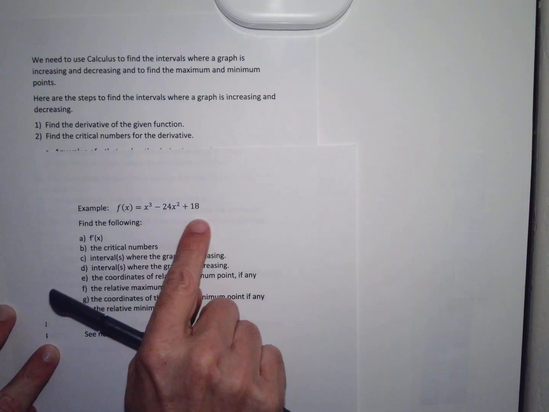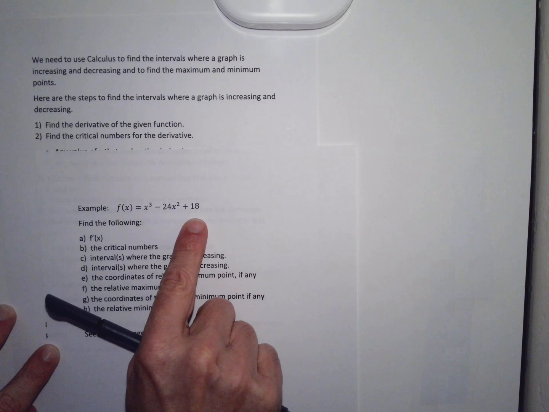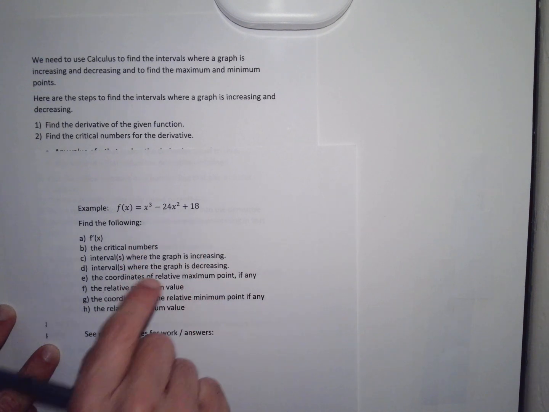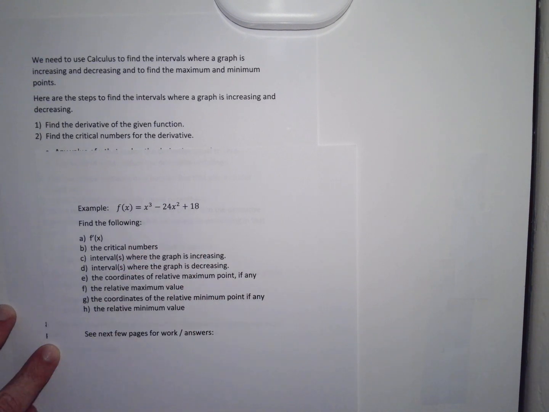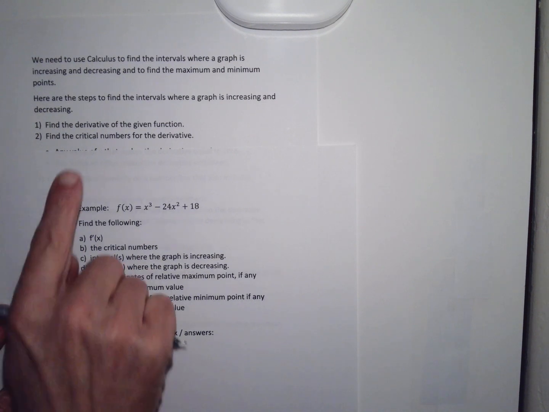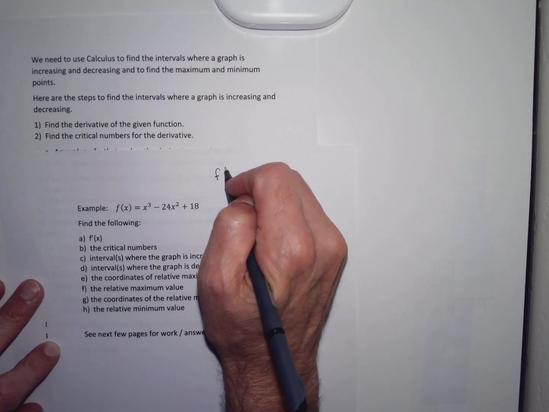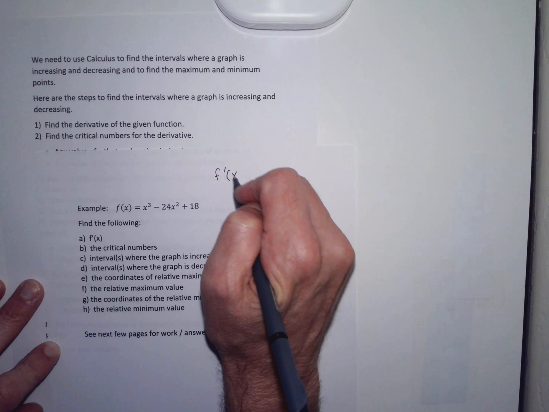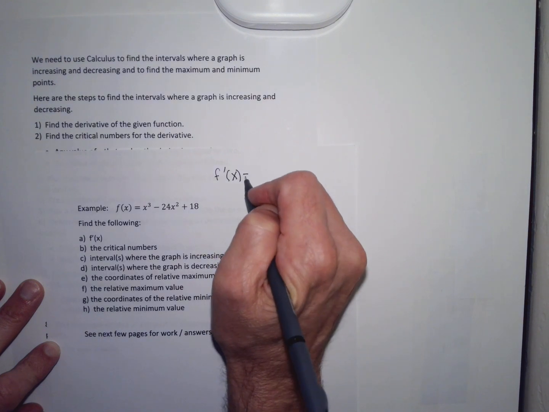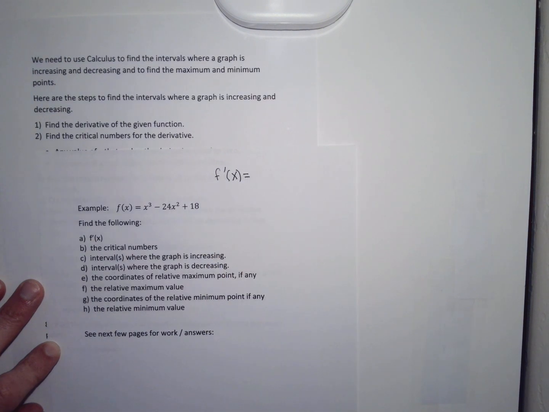So for this function right here, if I want to find the maximum point, the minimum point, where the graph is increasing and where the graph is decreasing without having a graph, the first thing I would do is find the derivative. First I'm going to find the derivative of this.